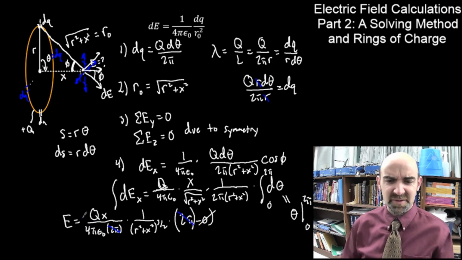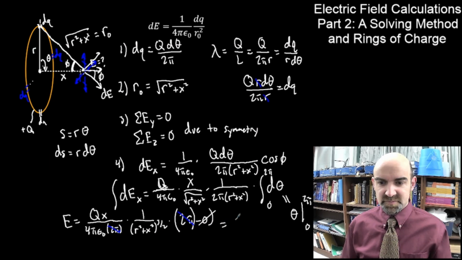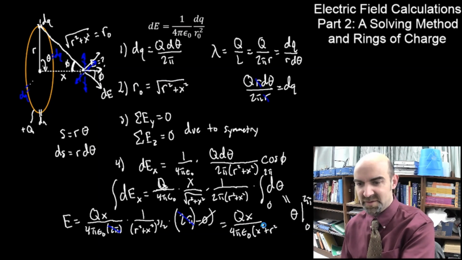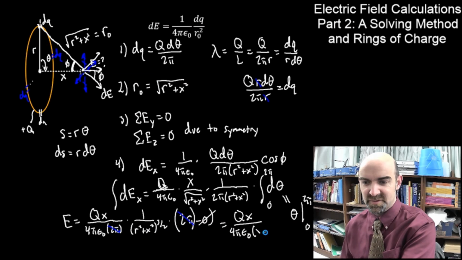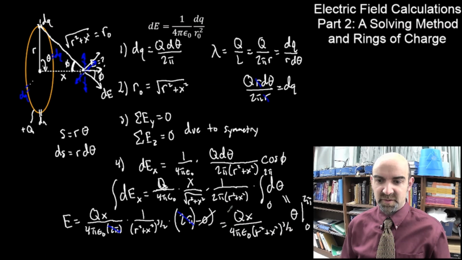And what we're left with is qx divided by 4 pi epsilon naught, a very common fellow, times x squared plus r squared, or r squared plus x squared, to the 3/2 power. There it is. Our solution.